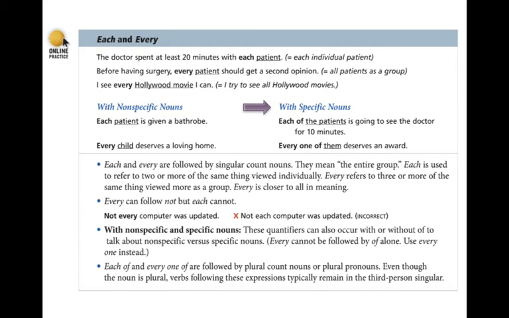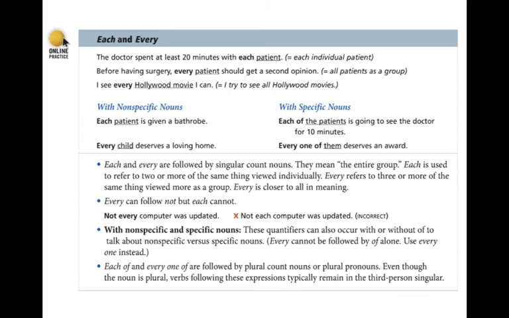Don't get mixed up with the prepositional phrase of the patients, which makes the word each more specific. Every one of them deserves an award. Every one of the movies. Every one of them. Plural pronoun.